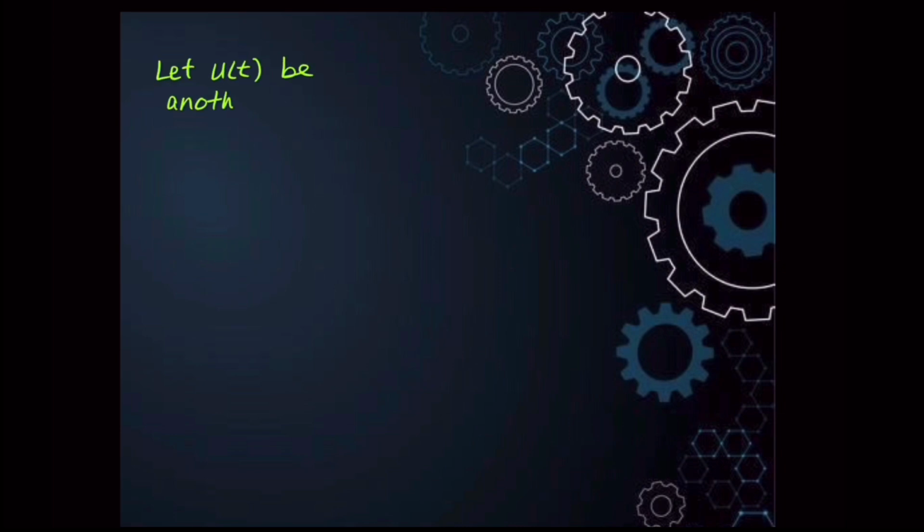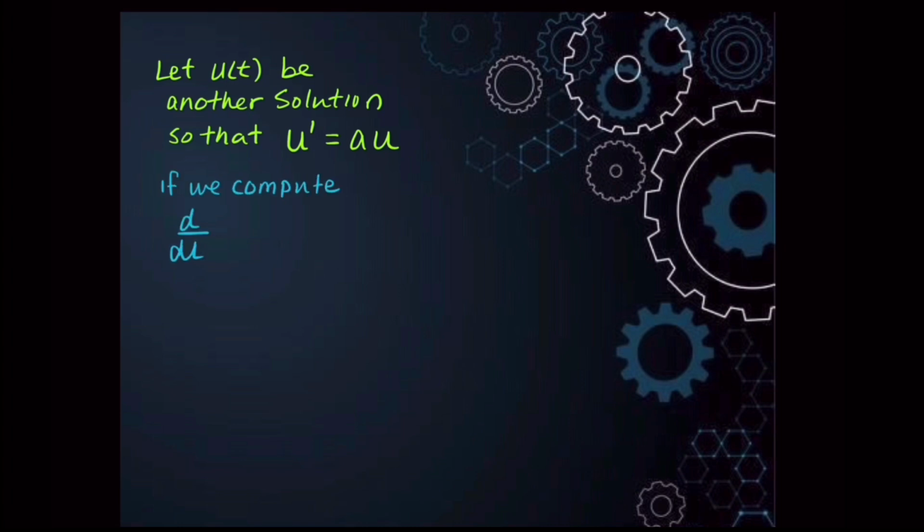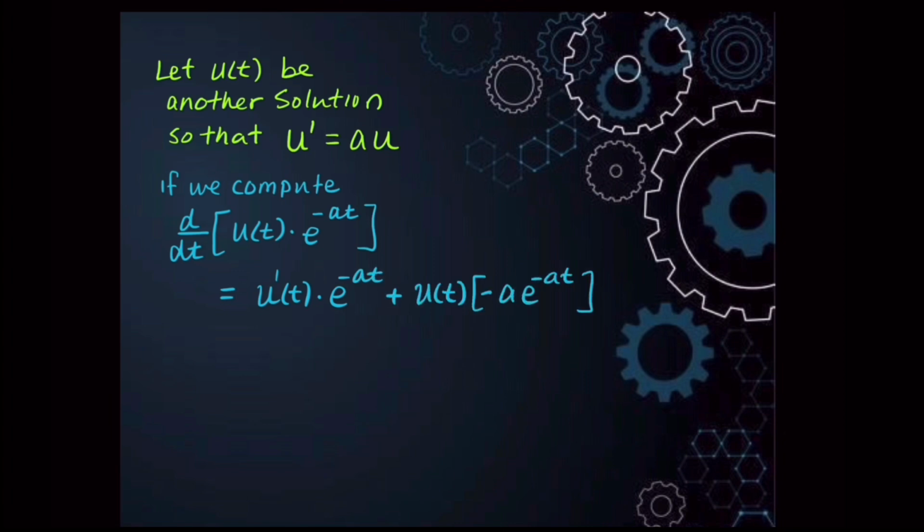Next, we would like to show that this solution is the only solution by letting u of t be another solution, so that it satisfies the differential equation u prime equals au. Now, if we compute the derivative of u of t multiplied by e to the negative at, from the product rule, differentiating with respect to time, we get an expression which is going to equal 0.